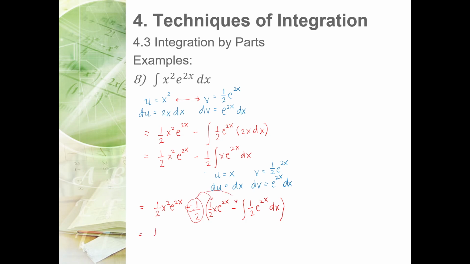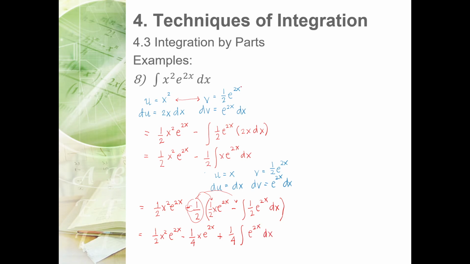So this becomes 1/2 x squared e raised to the power of 2x, and then minus 1/4, so 1/2 times 1/2 will be 1/4, and then x e raised to the power of 2x. So minus times minus would be plus. So this would be plus 1/4 integral of e raised to the power of 2x dx.